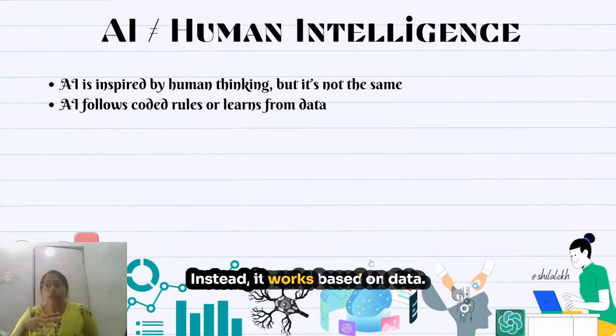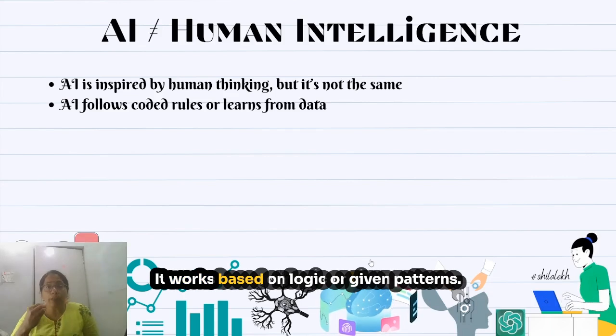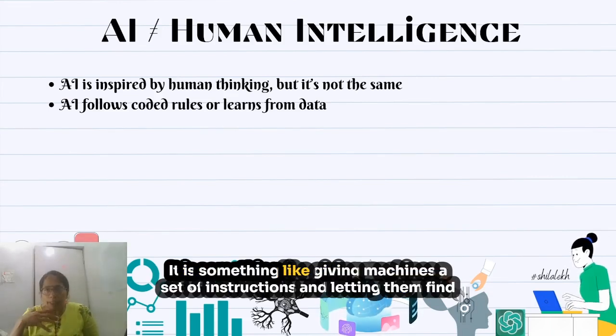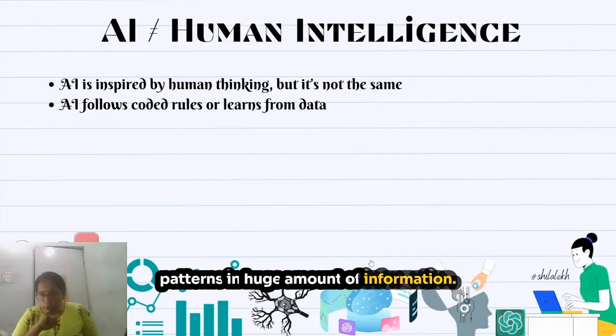Instead, it works based on data. It works based on logic or given patterns. It is something like giving machines a set of instructions and letting them find patterns in a huge amount of information.